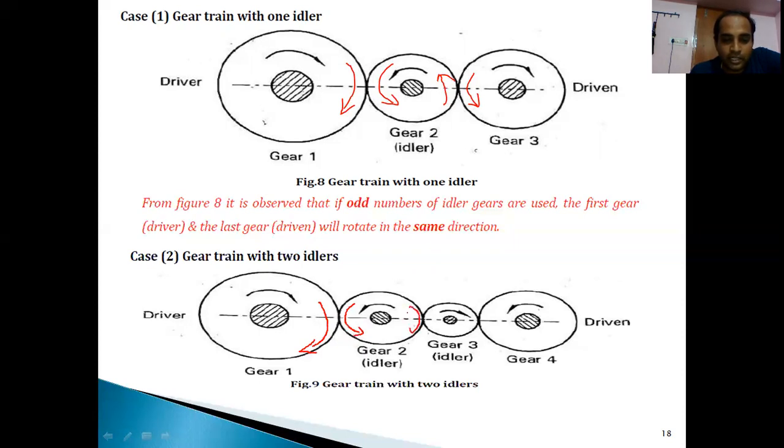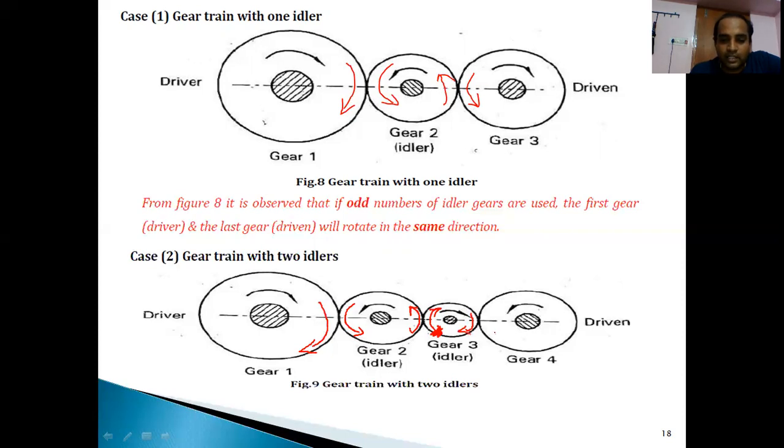Gear 2 is anti-clockwise, gear 3 clockwise. 1 minute students, I am sorry here. Gear 3 should rotate in the clockwise direction.